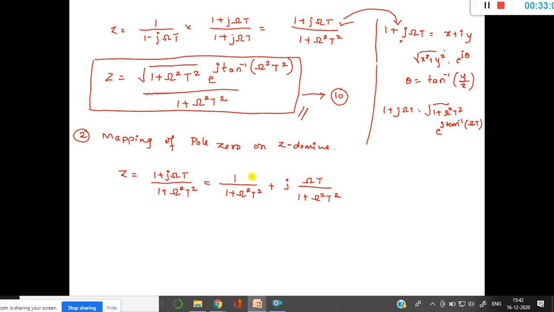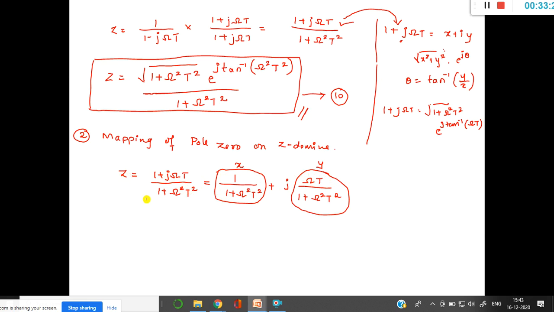Fine. Entire this value I consider as x, and entire this value I consider as y. So just observe carefully, z is equal to x plus jy.